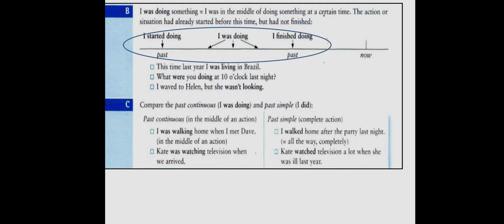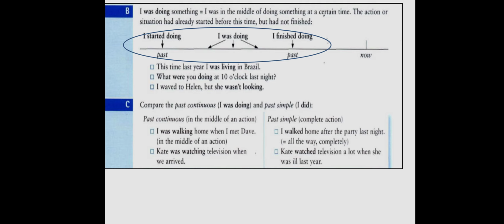You must put in mind that what comes after when directly is the past simple, and the other action is past continuous, whether when is written at the beginning of the sentence or in the middle of the sentence. If it is written at the beginning of the sentence, you must use a comma in the middle. If it is written in the middle of the sentence, don't use a comma.